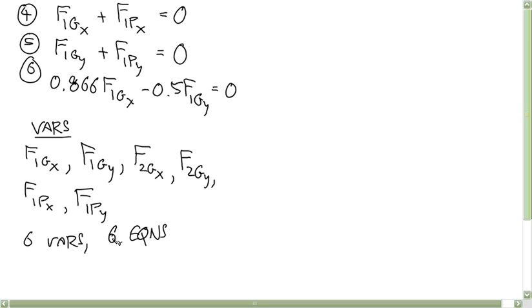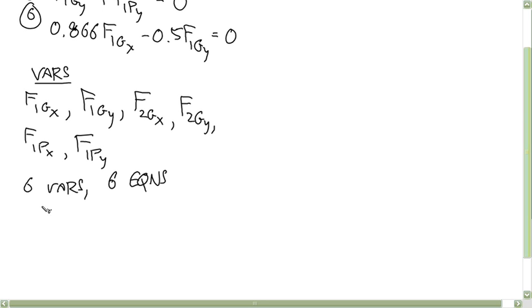There's one problem. We still don't have variables that represent all the forces we need to know the external loads on all these members. So we still don't have the external loads for member 2 included in that list.